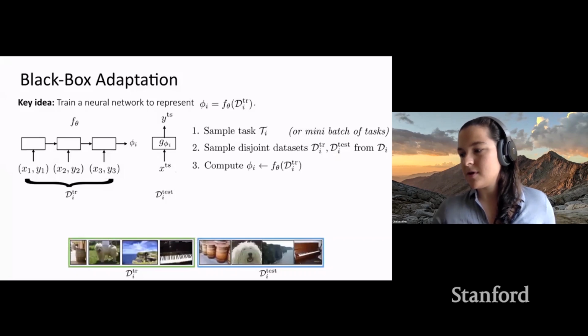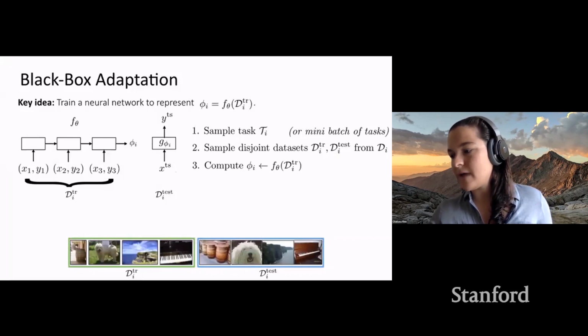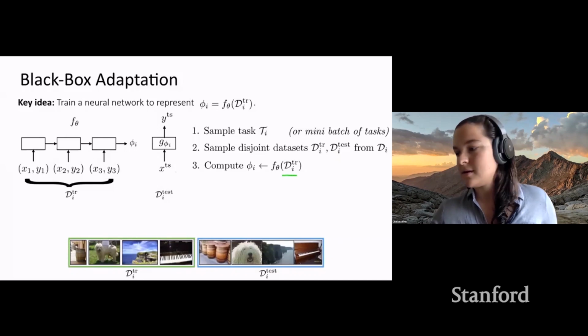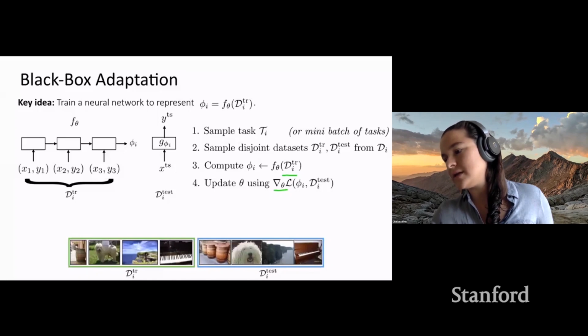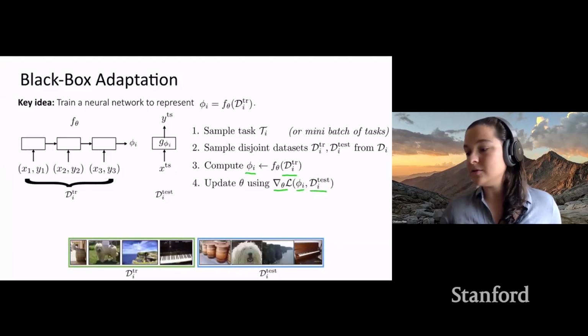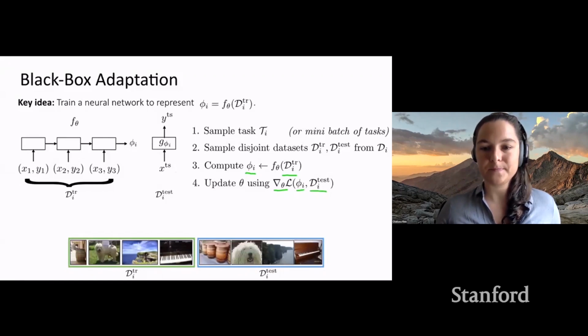Then you'll compute phi_i from the training data set. Then you'll update the meta parameters using the gradient with respect to theta, evaluated with respect to how well phi_i does at predicting new data points in D_test.